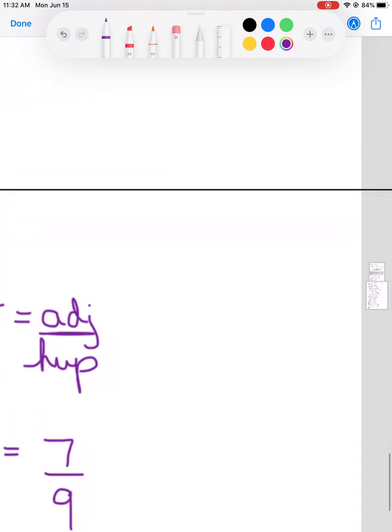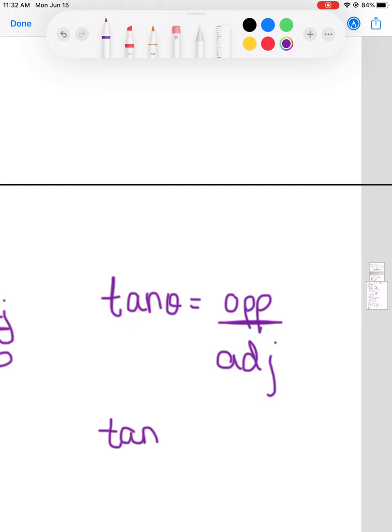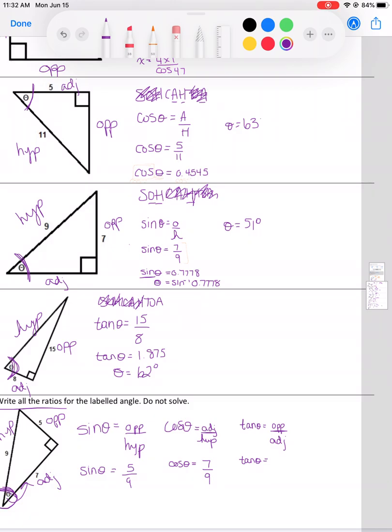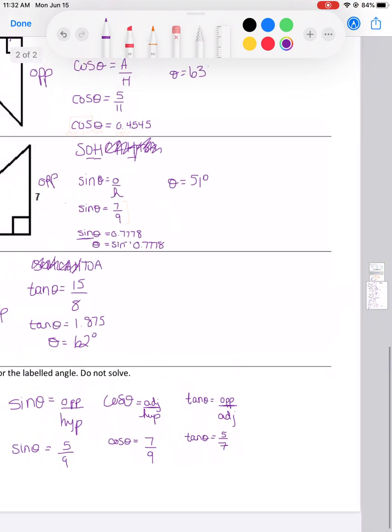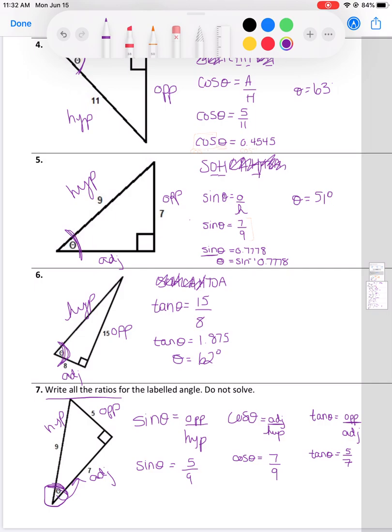Last but not least, tan is opposite over adjacent. Opposite is 5, adjacent is 7. As you guys can see, we could solve for that angle, and it doesn't matter which ratio we use for this one because we have all the sides. Not too bad, eh?